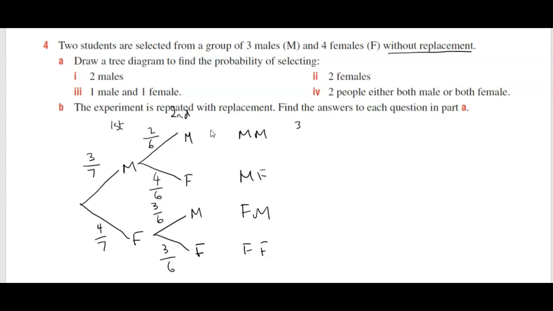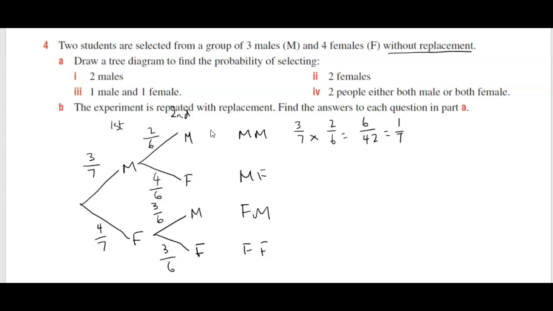Your probabilities, we just go along the branches. So 3/7 times 2/6. When you're multiplying fractions, you just multiply your numerators, so 3 times 2 is 6, and 7 times 6 is 42. Then you can simplify that, which is going to simplify to 1/7.